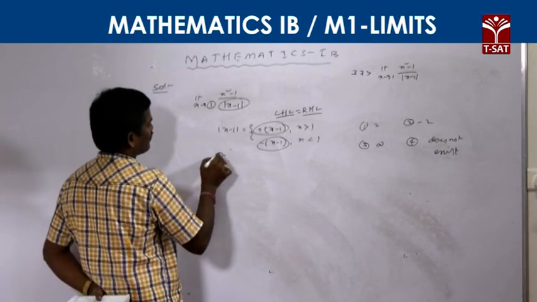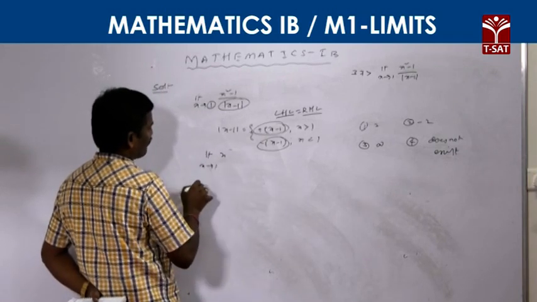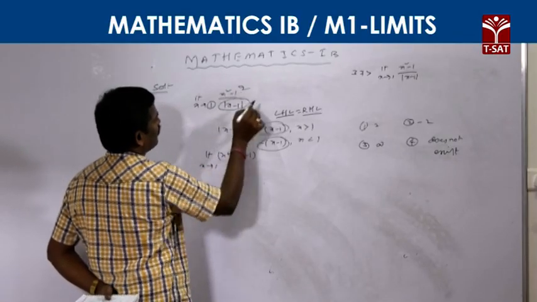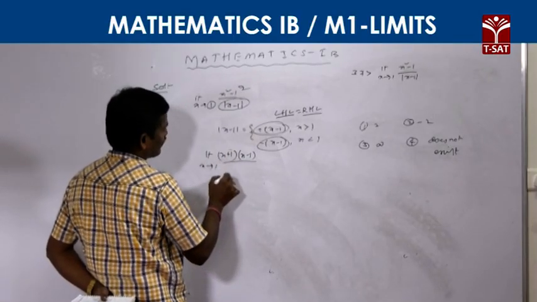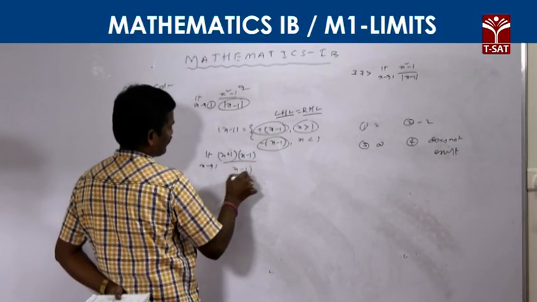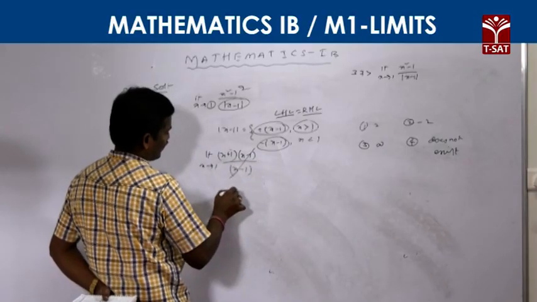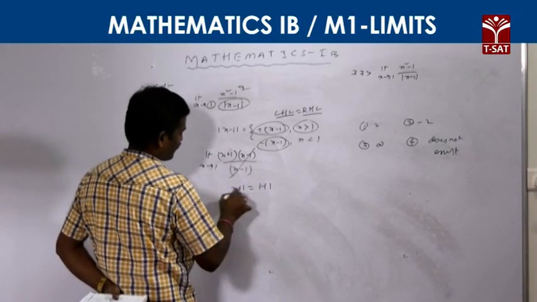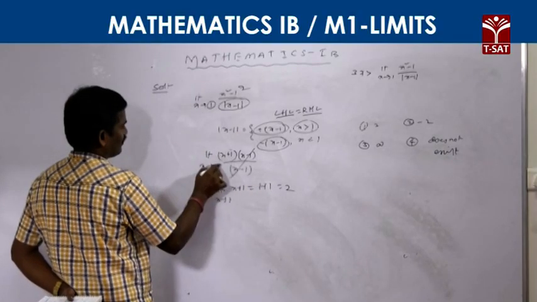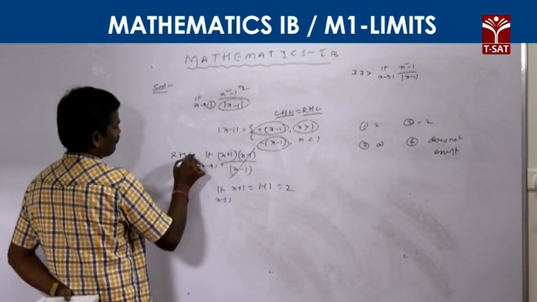So in these two functions, two different answers you will get. So here the numerator can be written as, x tends to 1, (x plus 1) into (x minus 1), a square minus b square formula. So here mod of x minus 1 can be written as, in the positive case, x minus 1. So here x minus 1 cancels, x plus 1 equals 1 plus 1. You will get 2 as the answer. This is RHL.